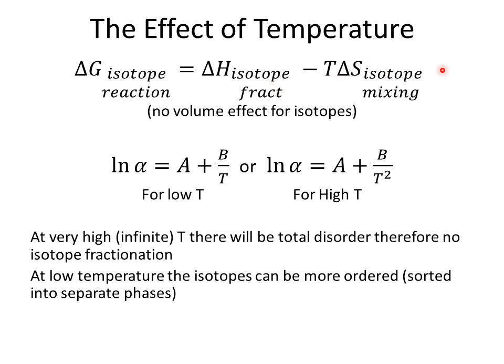There's also a volume term in this, but the volume of different isotope species is always the same, so there's no delta V term. So this delta H here, that's the effect that I've just described, the difference in energy caused by the difference in ground states because of the different masses. The delta S is the entropy of mixing, which you've done with Jeff.